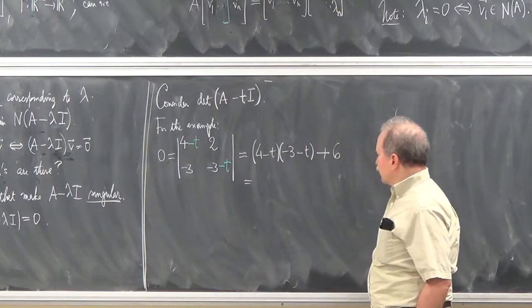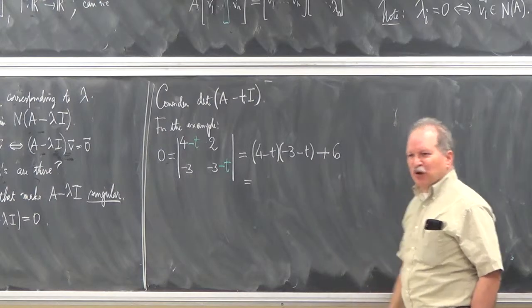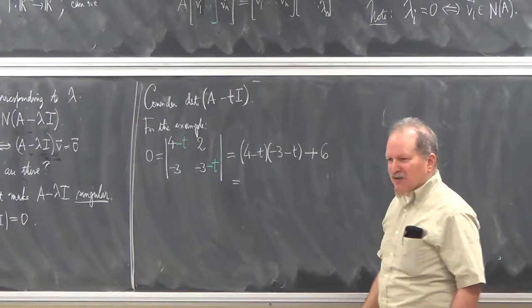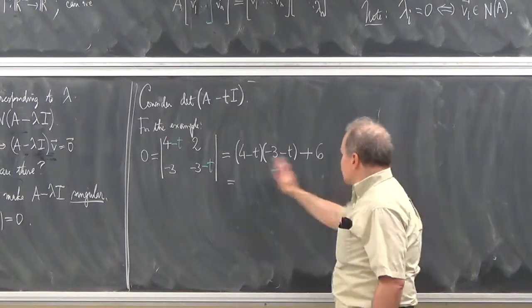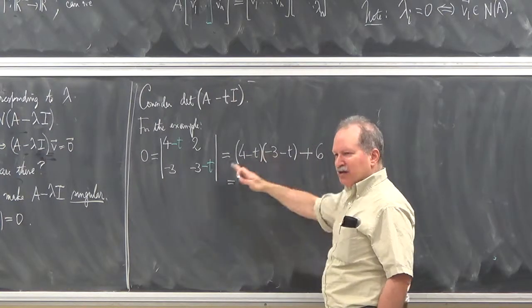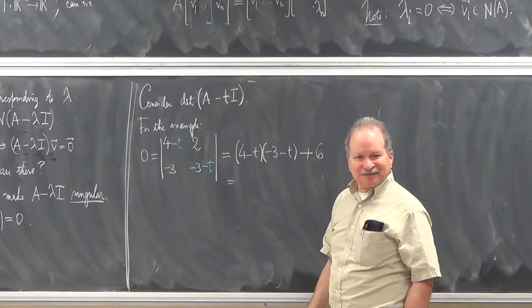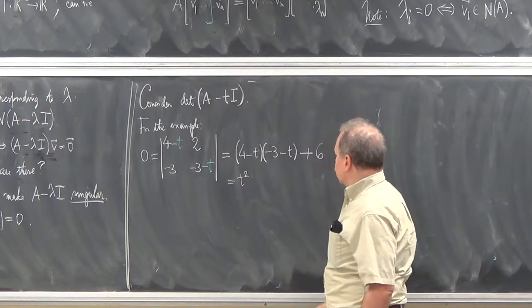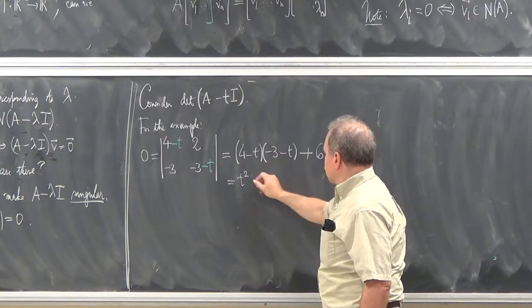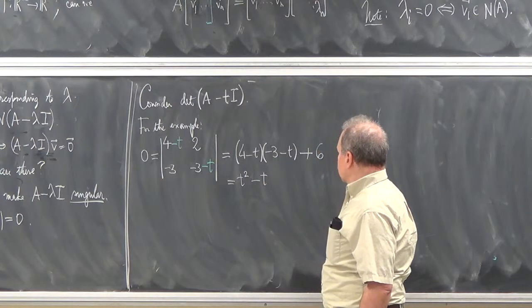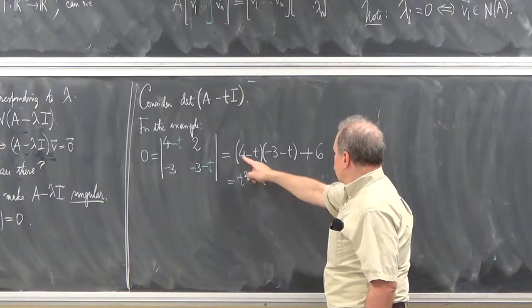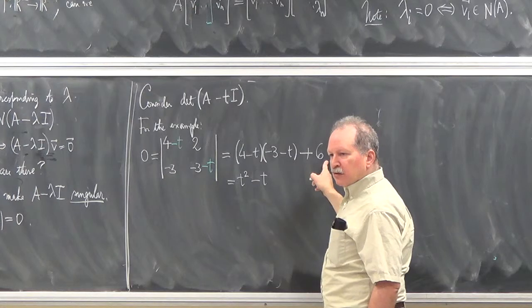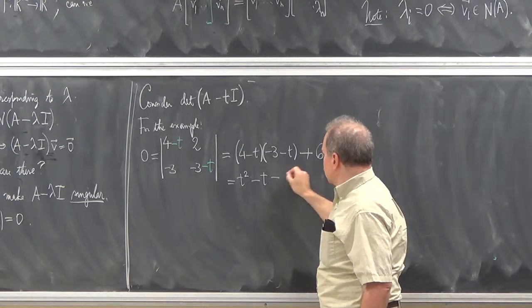Here's a situation where most of the time, but not always, the only way we're going to have any idea what's going on is to expand it out and simplify, right? So what do I get? T squared minus t minus 12 plus 6.